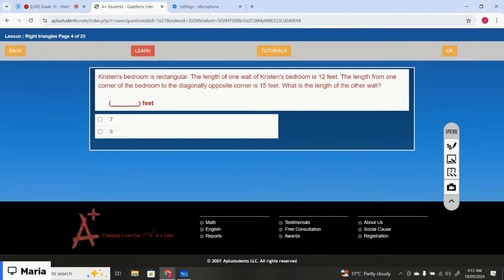Kristen's bedroom is rectangular. The length of one wall of Kristen's bedroom is 12 feet. The length from one corner of the bedroom to the diagonally opposite corner is 15 feet. What is the length of the other wall?